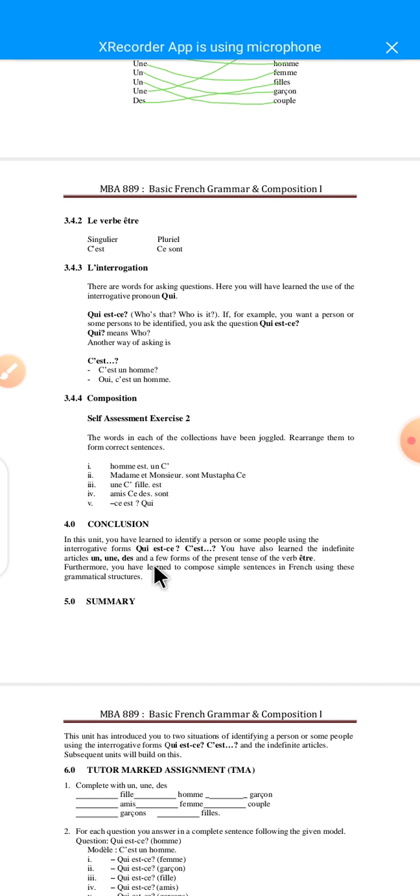Furthermore, you have learned to compose simple sentences in French using these grammatical structures. For instance, we have those sentences here. C'est un homme, ce sont Monsieur et Madame Mustapha. C'est une fille, ce sont des amis, and qui est.